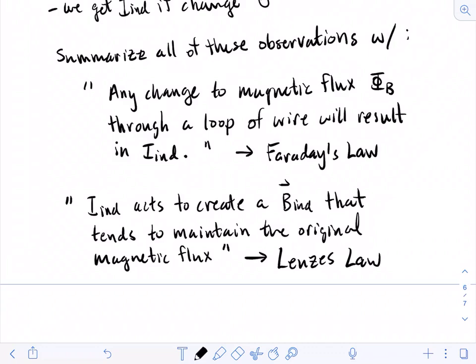And so the current direction is determined by the direction that will make the induced magnetic field in the correct orientation. On the other hand, if it was increasing, then the induced magnetic field would be in the opposite direction of the external magnetic field.